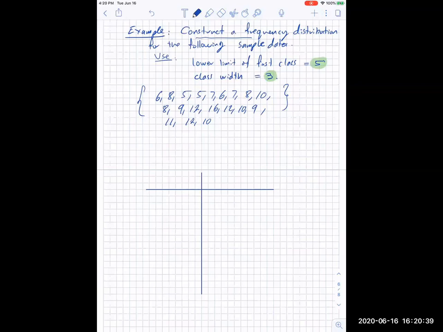Let's assume that these values are hours of study per week, the number of hours collected from students who study per week. So I'm going to label this first column hours, and here I'm going to put frequency.